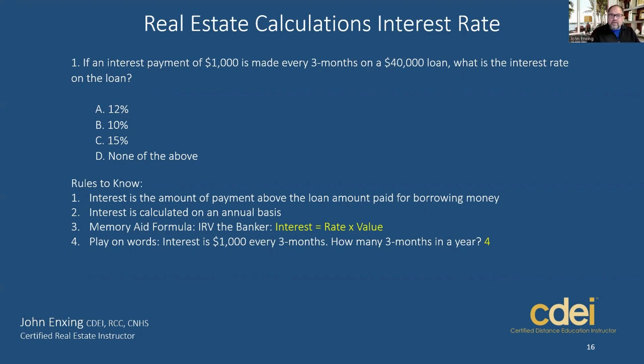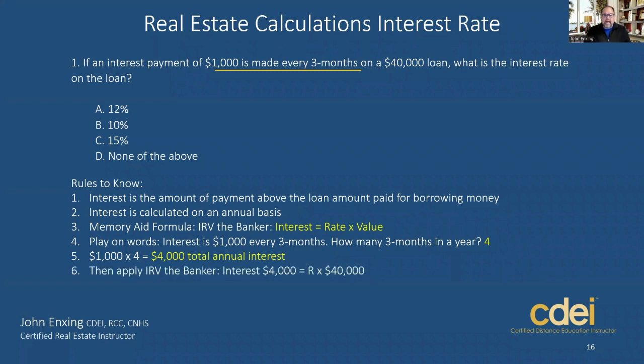Every 3 months equals 1 quarter. How many quarters are in a year? There are 4. So you take the $1,000 every 3 months and multiply it by 4. The annual interest, watch this, is $4,000.